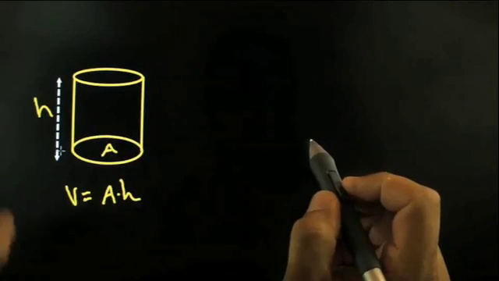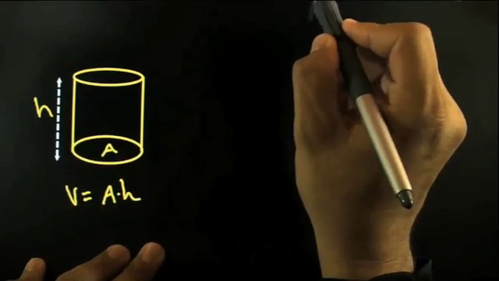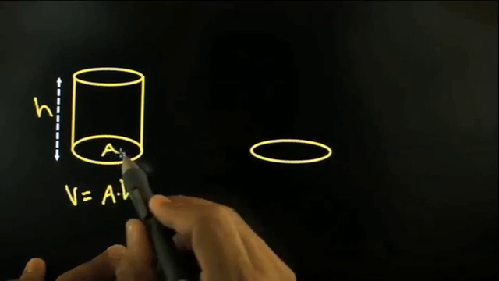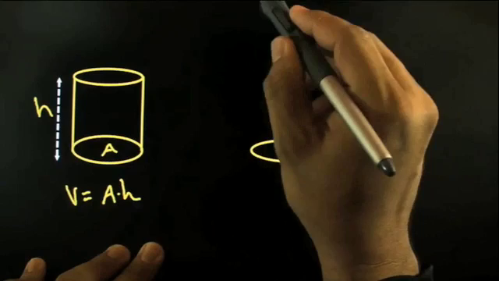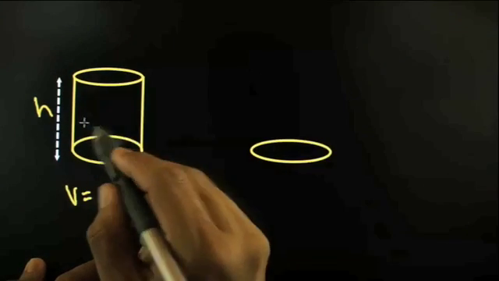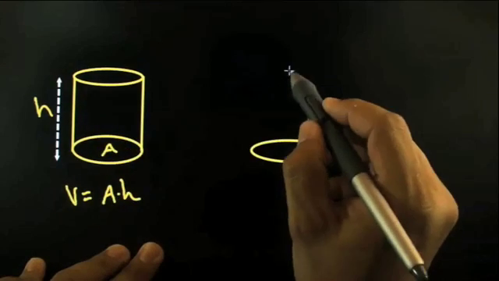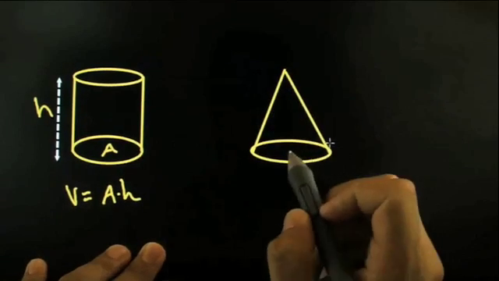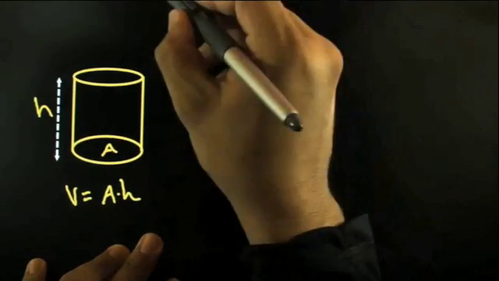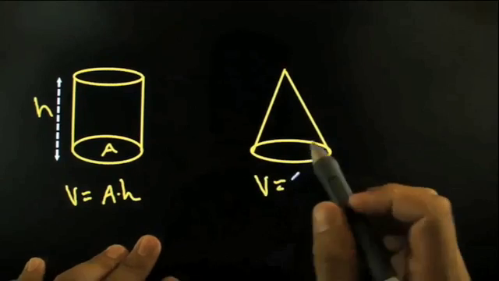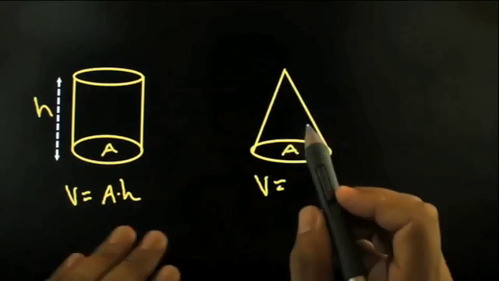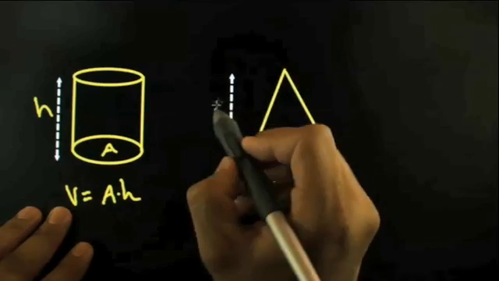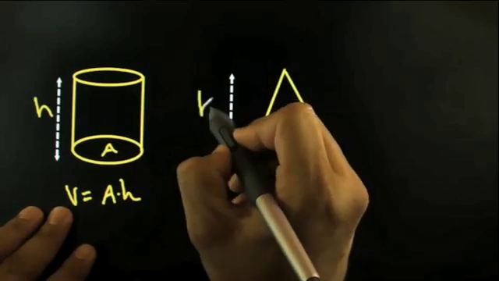Now, if we compare that with what I'm saying right now, by the way, these are called cones. Suppose you start off with the same area as there, but this time you end up with not exactly the same type of cross sections as you move up, but they get smaller and smaller and smaller to end up in exactly one point. And the question that we're contemplating now is, how many of these, suppose you have the same height, by the way, everything else the same. So this is also h.